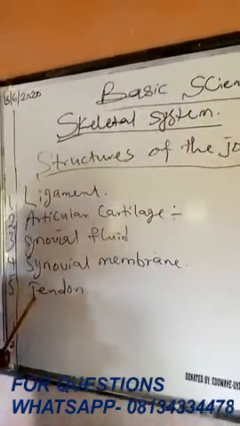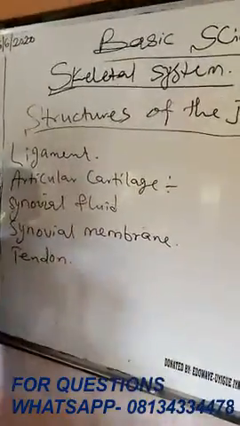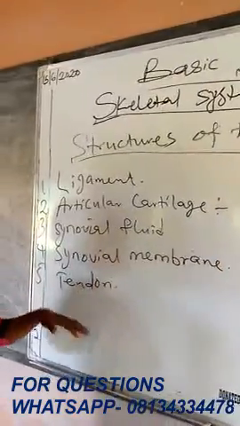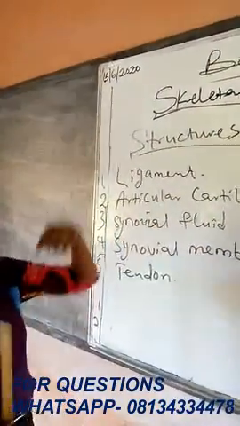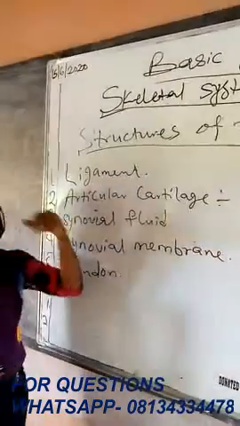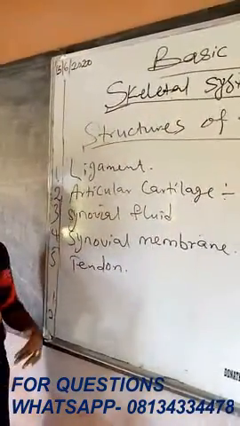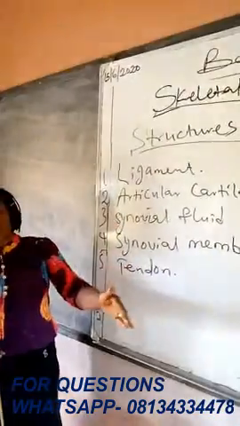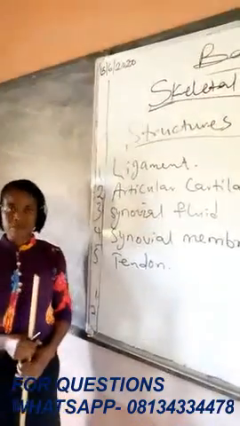Then lastly, we have the tendon. The tendon attaches the muscle to the bone, which is to the skeleton. The muscle is the fleshy part of the body. The skeleton and the muscle work together to produce movement.